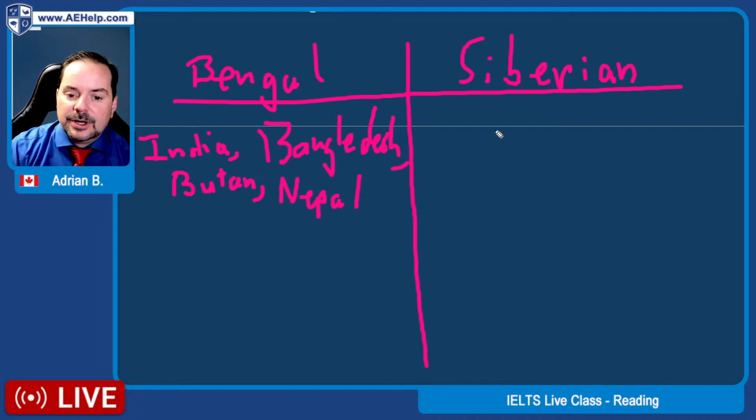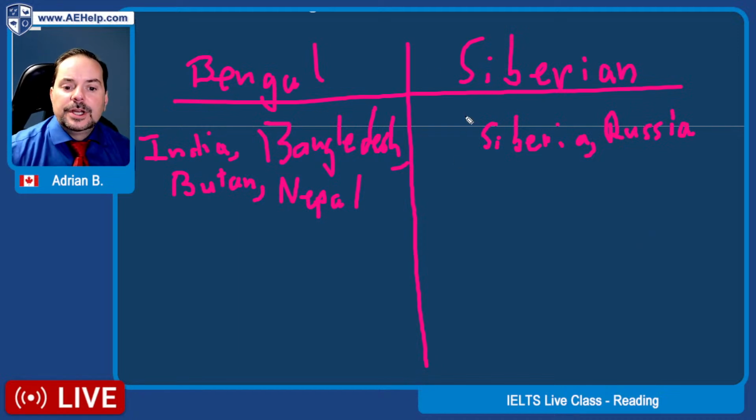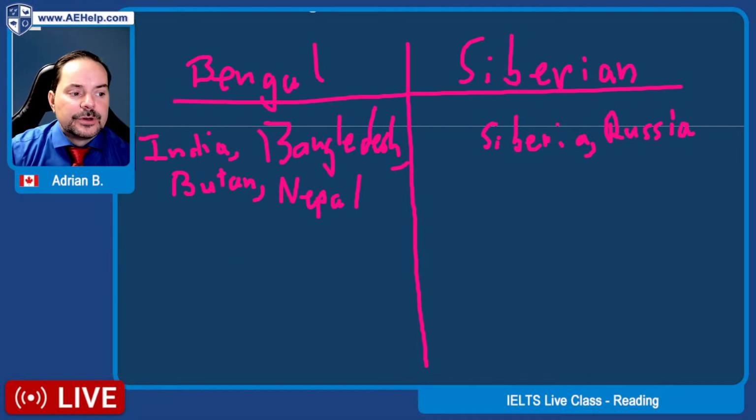Okay. Siberian tiger, clearly in Siberia, which is in Russia. Right? Okay. So here we know that the Bengal is closer to the center meridian and the Siberian is further away.